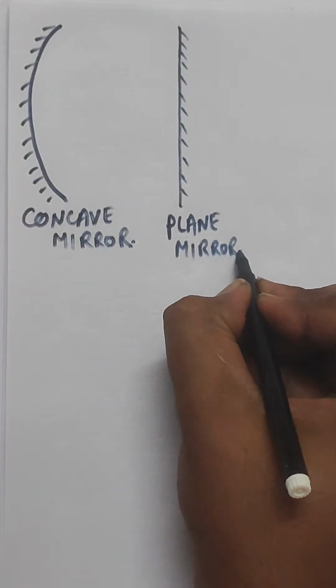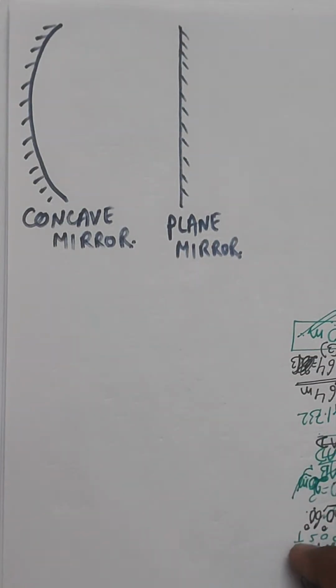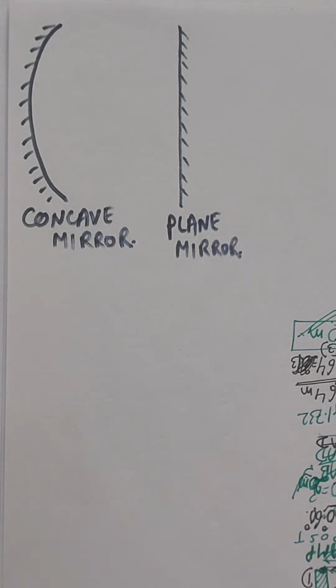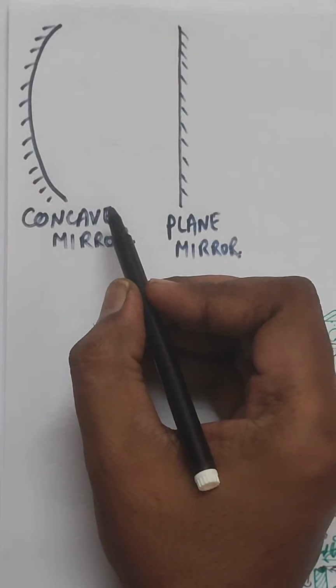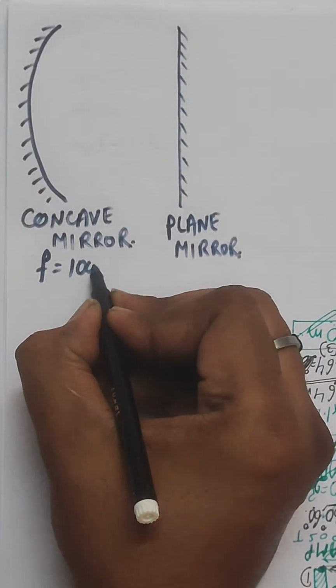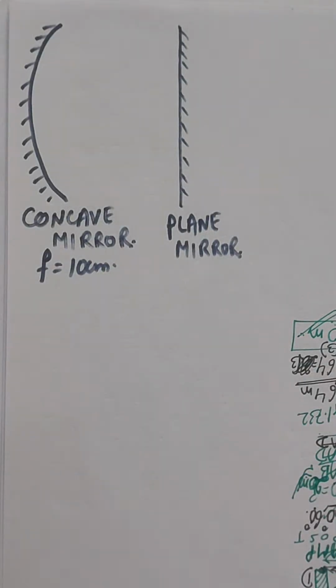Now, as per the numerical, both of these mirrors are placed in front of each other and the focal length of this concave mirror is given to you as 10 centimeter.